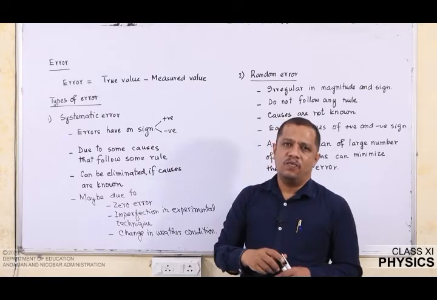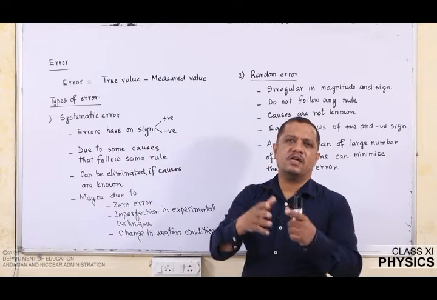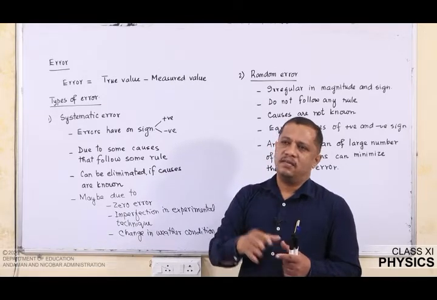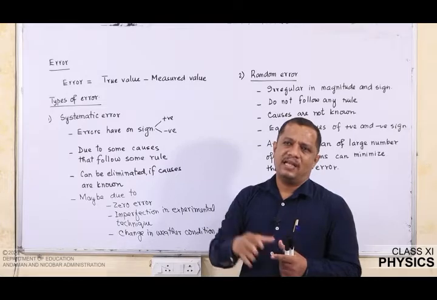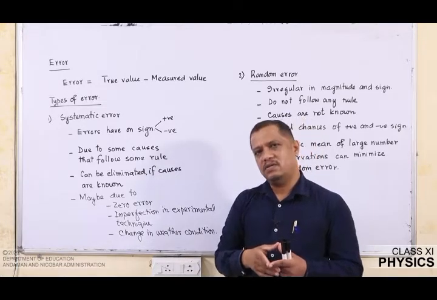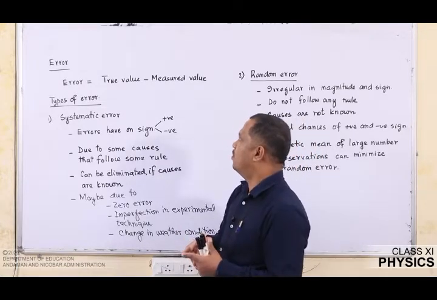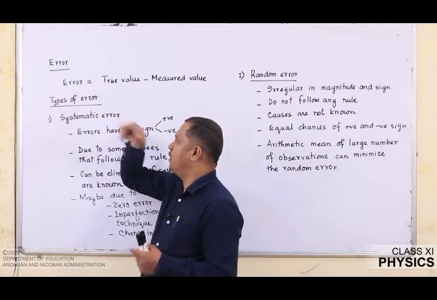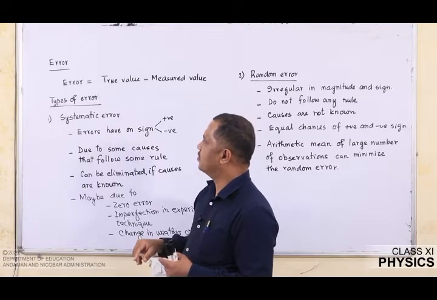As I told you, when we make measurement of any physical quantities, the measurement is limited by the instrument as well as the skill of the person who is measuring. So therefore, the true value minus observed value will be error.